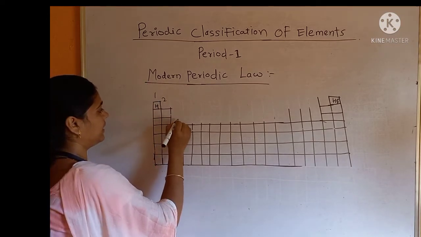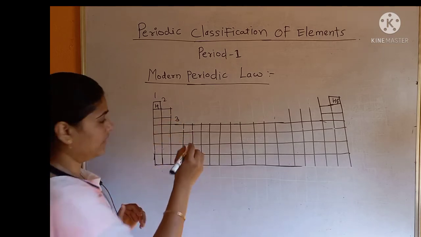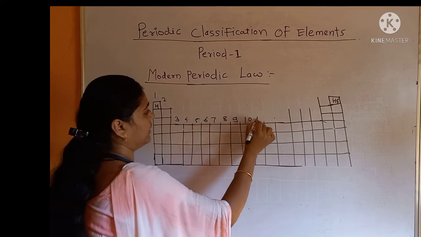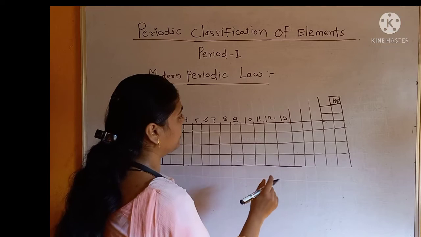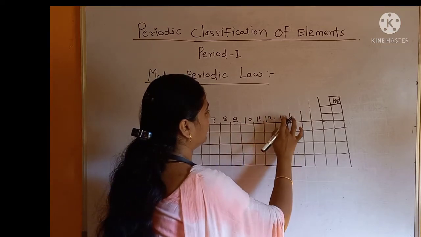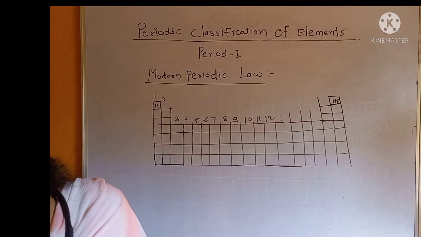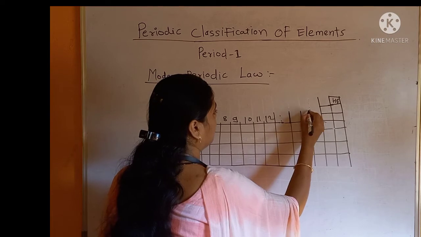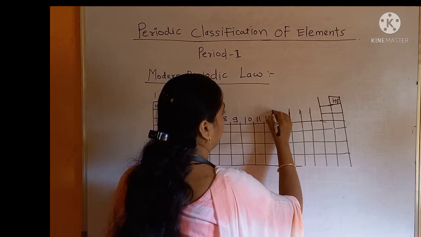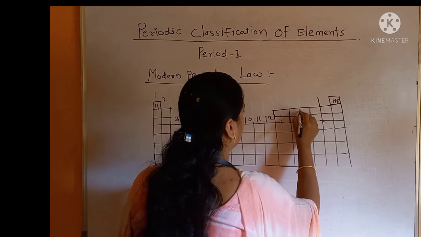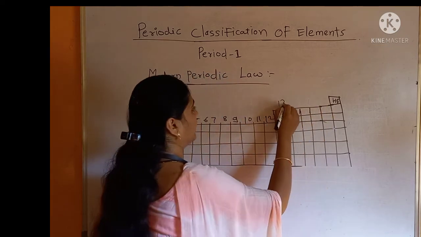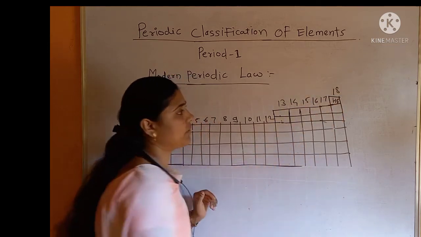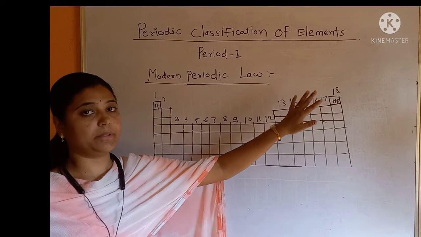So 3 starts from here: 3, 4, 5, 6, 7, 8, 9, 10, 11, 12. Up to 12 is called the D block. And group number 13 to 18, 13, 14, 15, 16, 17, 18, is called the P block elements.